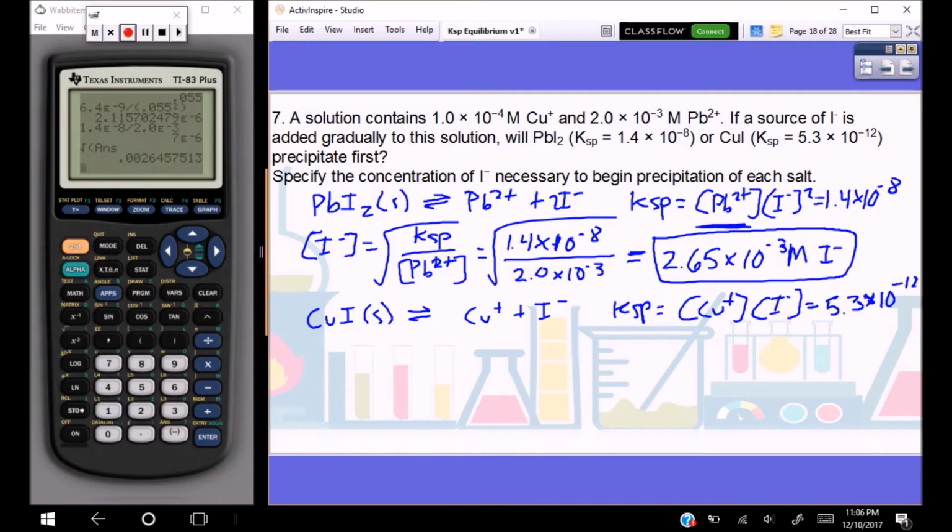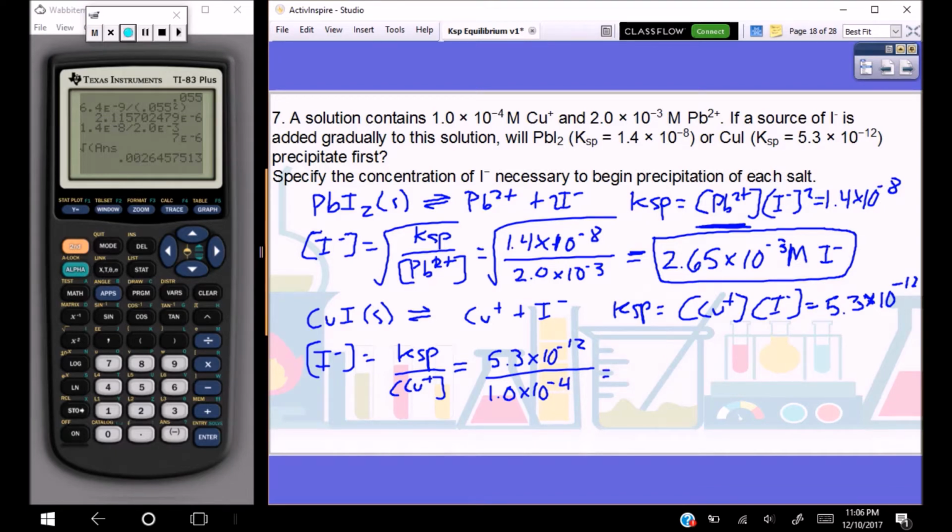So I need to plug in my copper value, but let me rearrange first. So I minus is going to be equal to, this time, just Ksp divided by my copper concentration. No square root needed. All right, so Ksp 5.3 times 10 to the negative 12th, and my concentration of copper is 1.0 times 10 to the negative 4th.